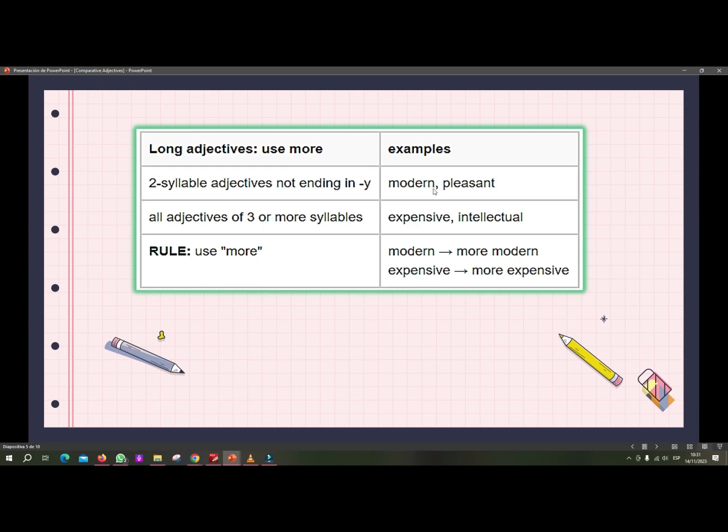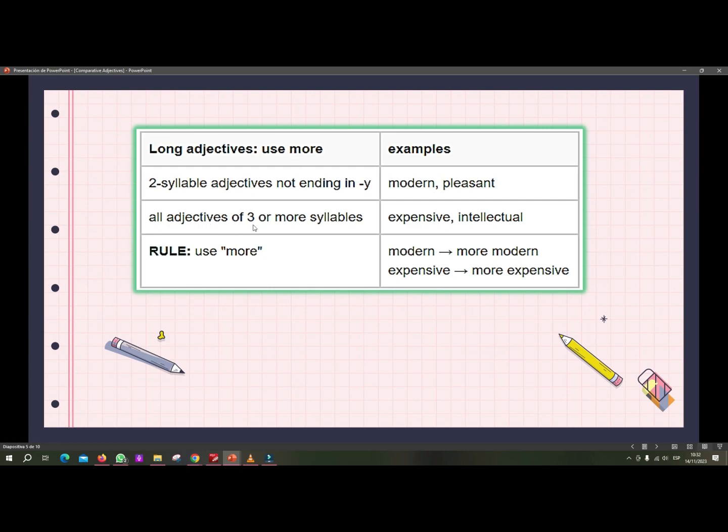Y el adjetivo no va a sufrir ningún cambio, sino que usted lo va a escribir en su forma base. So, modern. Tenemos dos sílabas. Pleasant. Dos sílabas. Por lo tanto, usted solo le va a agregar la palabra more.